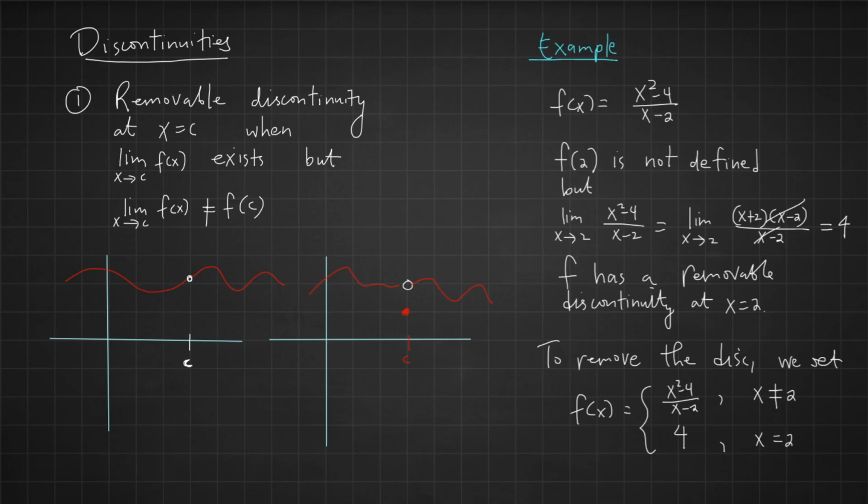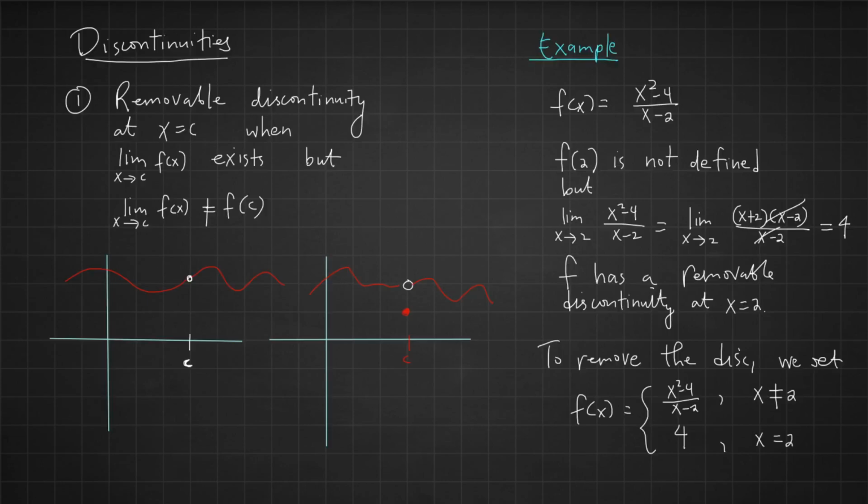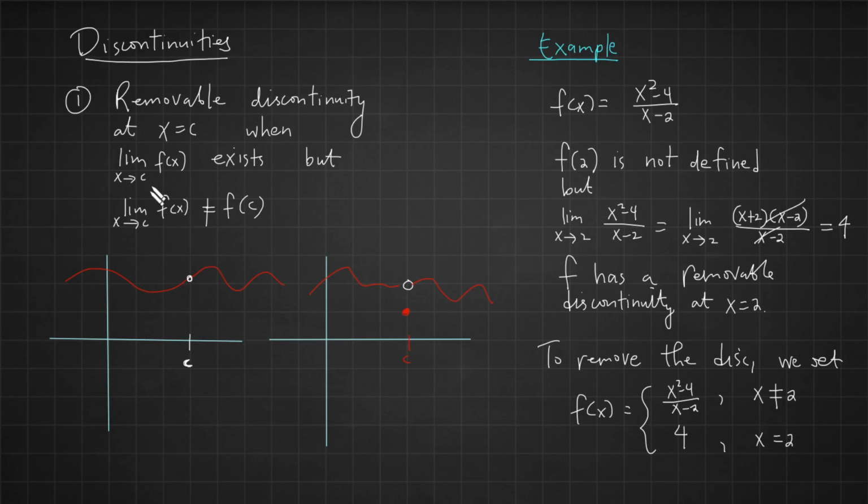Now we have another kind of discontinuity, and it's called an essential discontinuity. Kung dito sa removable discontinuity, nag-exist yung limit natin, hindi nga lang equal dun sa value ng function.